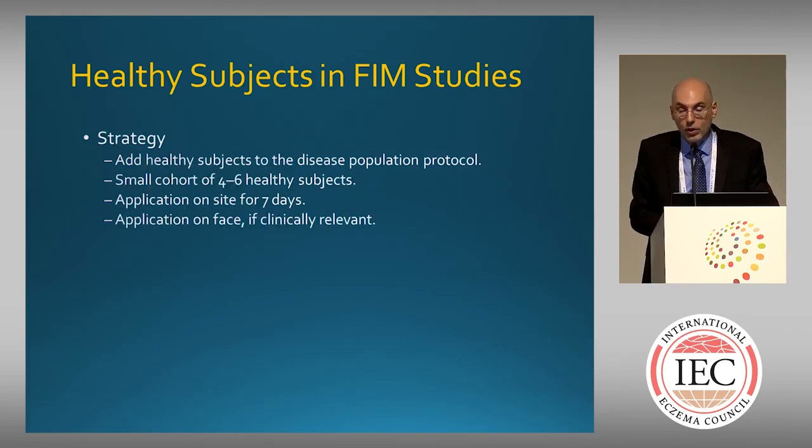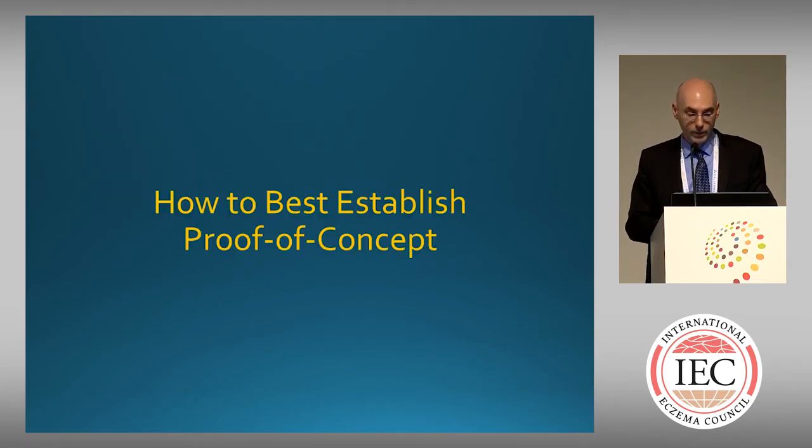So what I suggest as a strategy is not to conduct a specific study in healthy volunteers, but to add a small cohort of healthy volunteers in first-in-man studies in atopic dermatitis, treated for a week or two, with drug application at the clinical site, treatment of the face as well, so that this data is generated.